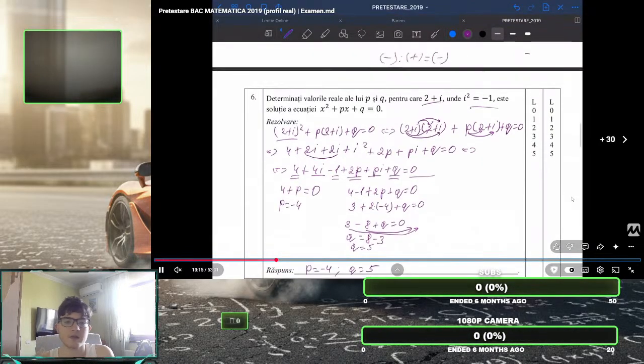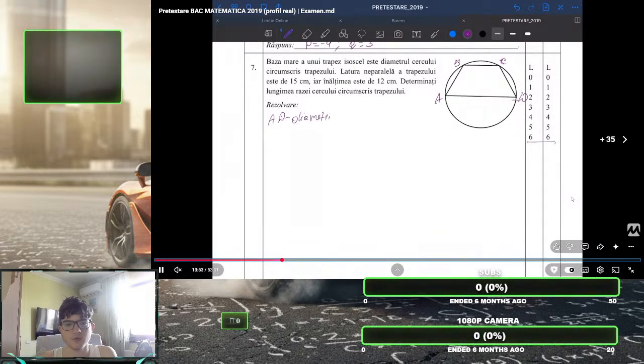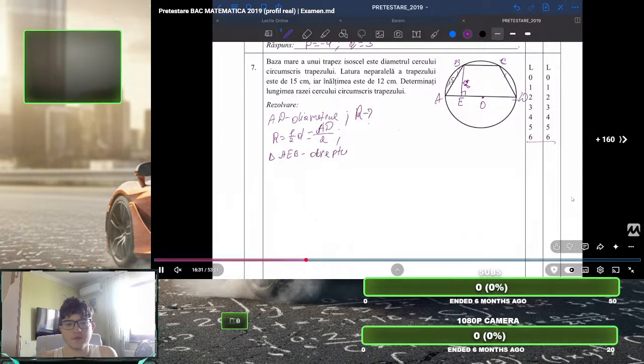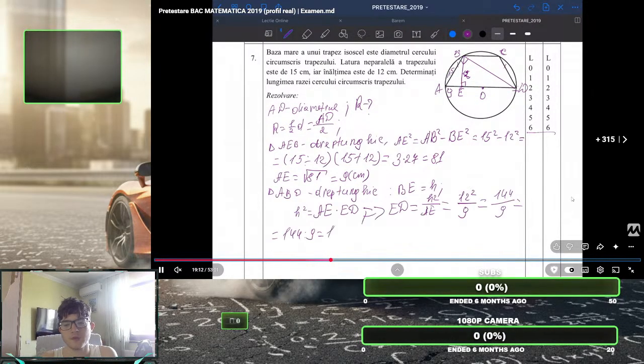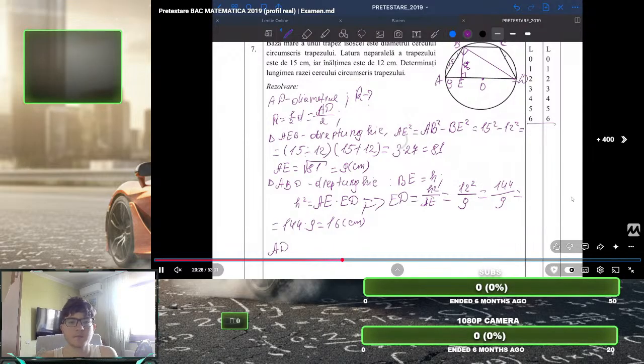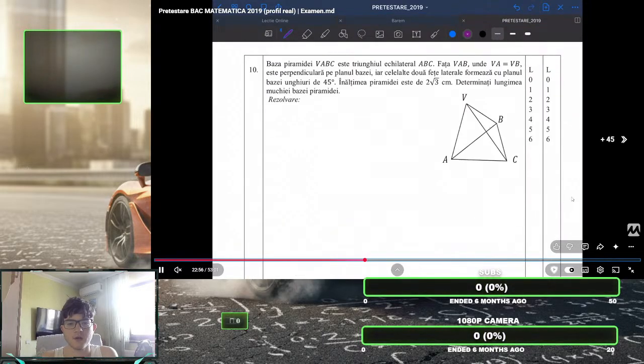Next exercise. Some circle here, I'm not interested in that, as you know. So I'm going to skip this one really quick. Alright, next up, some pyramid.